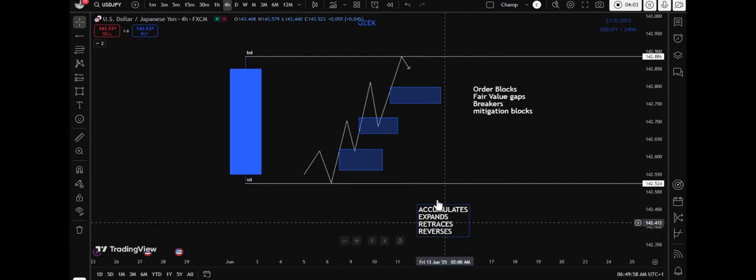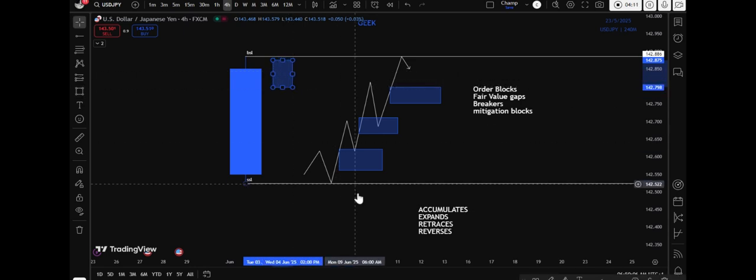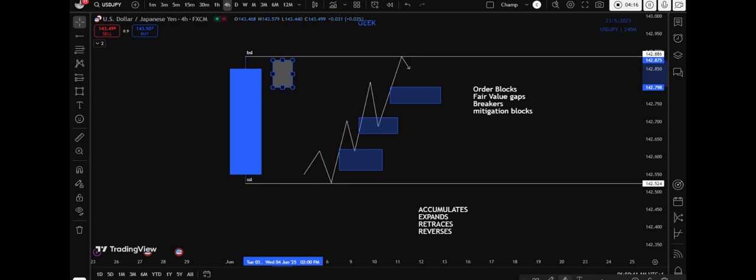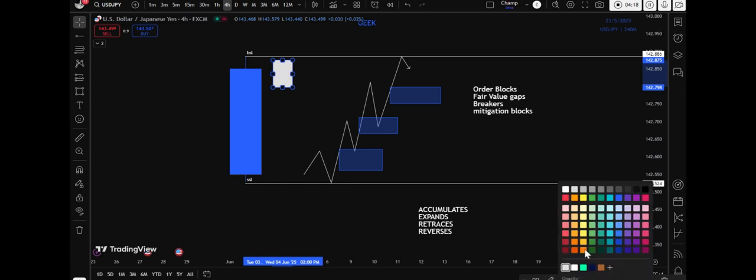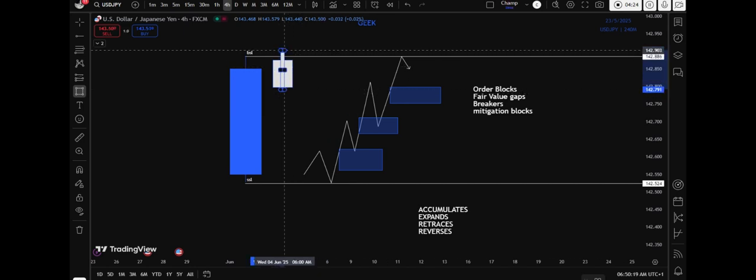So here, for example, if after this scenario price has to reverse, price will take out buy side liquidity here. I'll put this as a white candle since my wall is black. I'll put this as a white candle, put in the wick, which can be here.